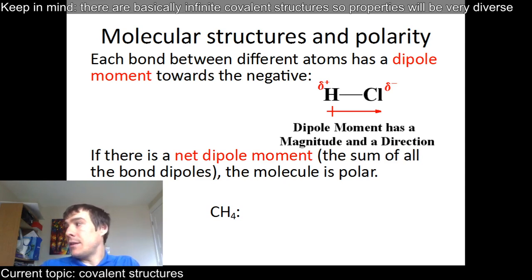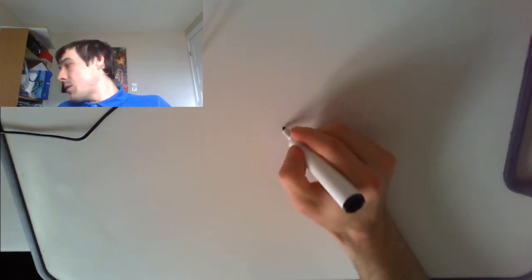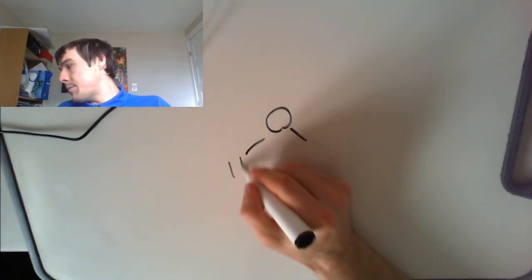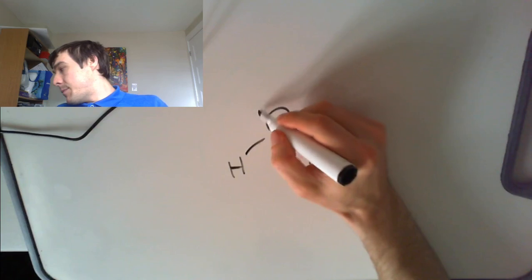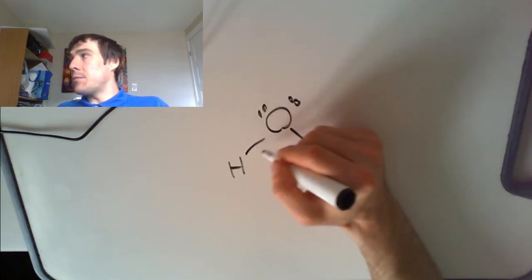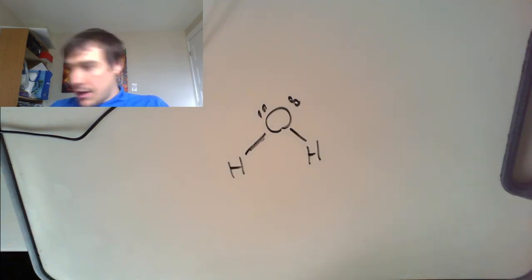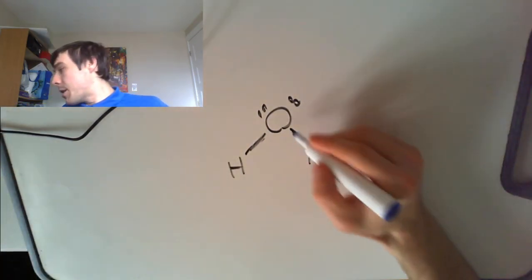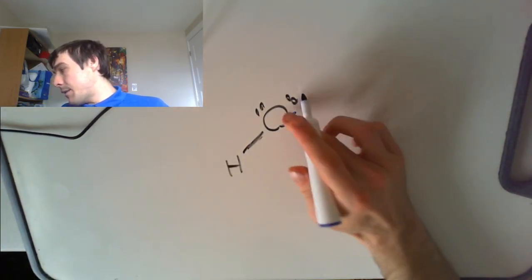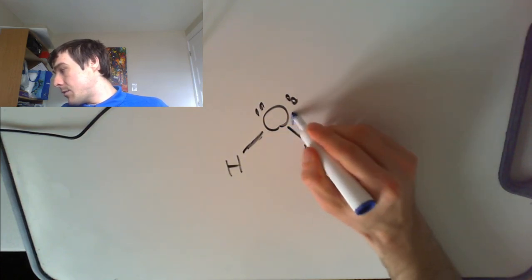We have this concept of a net dipole moment, which I'm going to go over to the camera for. When you have a net dipole moment, let's take water for example. Water has this bent structure. It's bent because of these lone pairs up here that push down on the bonds. We end up with our bond dipoles, right? Bond dipoles are going to go towards the oxygen.